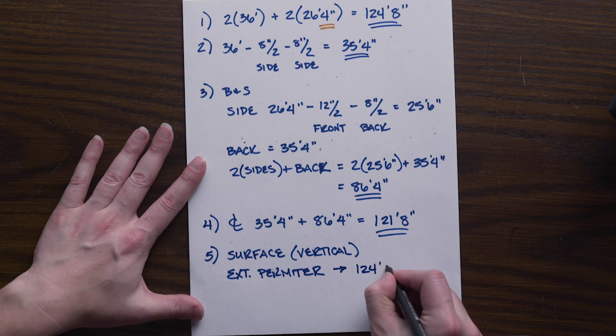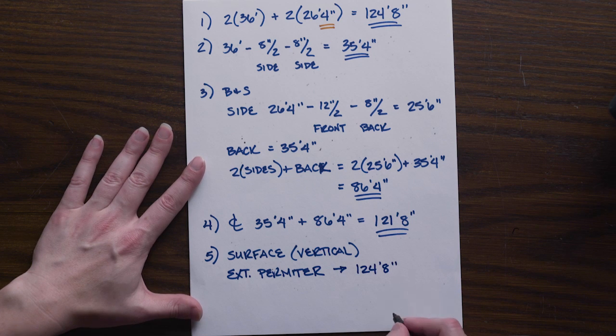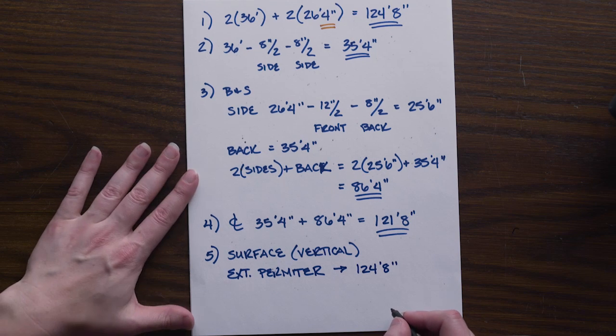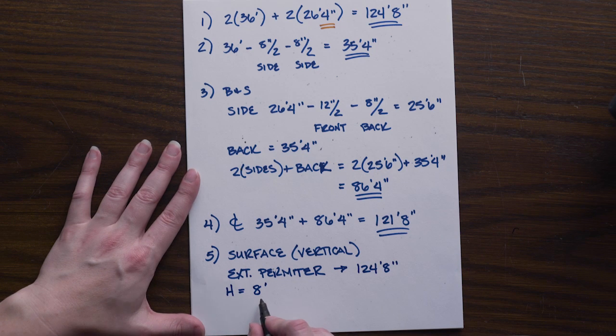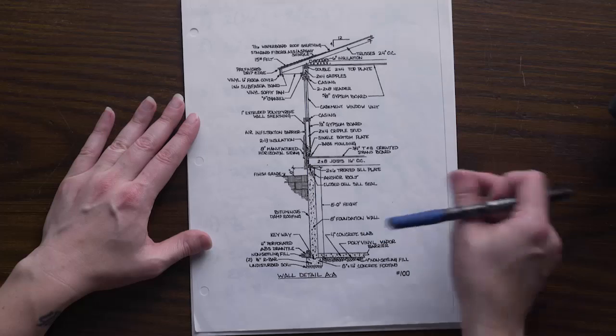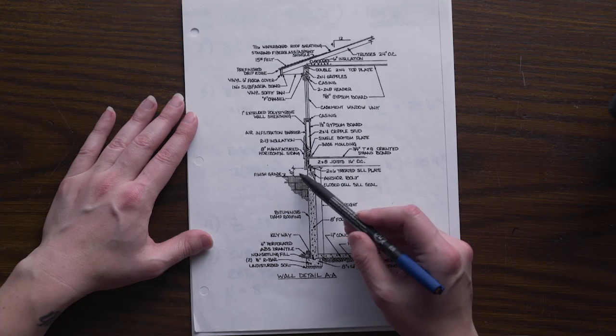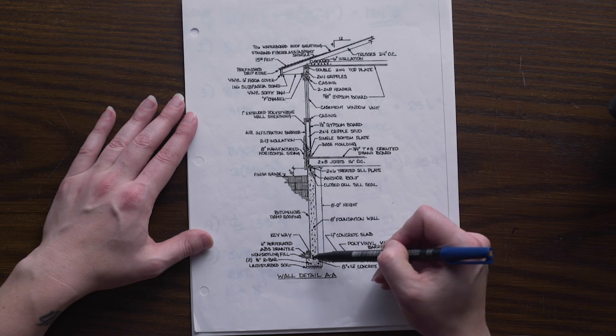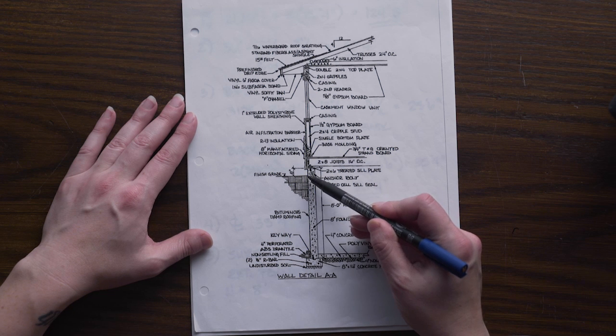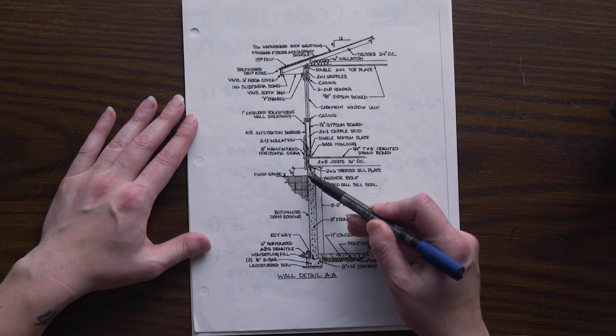We need to calculate the height. The height is not going to be the full height of our foundation system, which is 8 feet. Remember, per our section drawing, we see that our finish grade is held 8 inches below the top of the foundation wall. Our damp proofing will only go up to that level. It will not go higher.